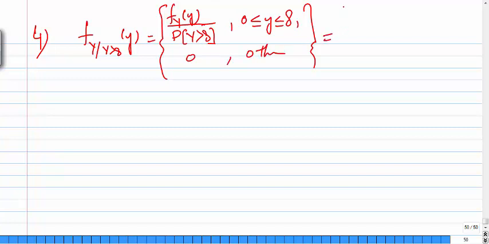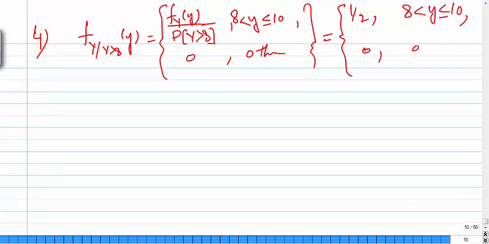When we divide by 0.2, it becomes 1 by 2. This is the main idea: Y is between 8 and 10, and 0 otherwise.